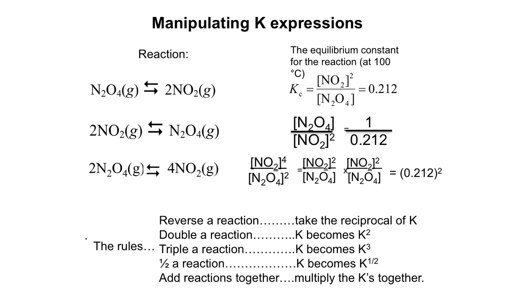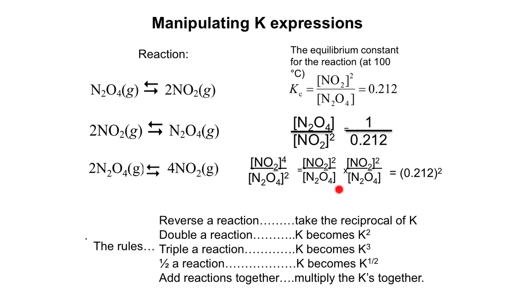But what if we multiply that equation by 2 for some reason? So now let's go back to our original reaction, N2O4 forming NO2. Multiply the whole thing by 2. So now we have 2 N2O4 in equilibrium with 4 NO2.